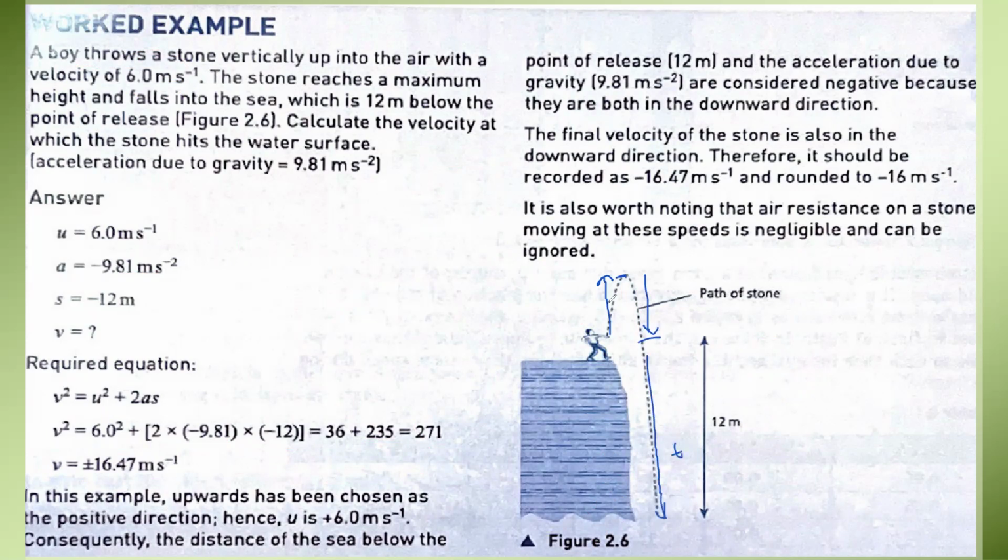So we calculate time t1, then t2, then t3, and add them to get the total time of flight. Instead, the simple way is to use this equation and substitute the displacement negative 12, and you will get the total time directly. That's the advantage of using the equation of motion collectively rather than dividing the motion into halves.